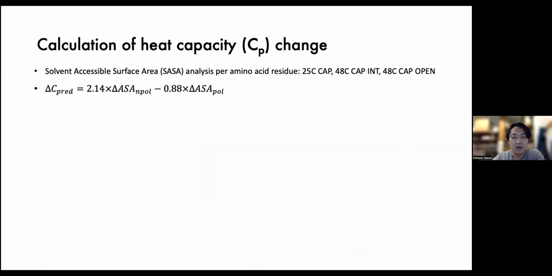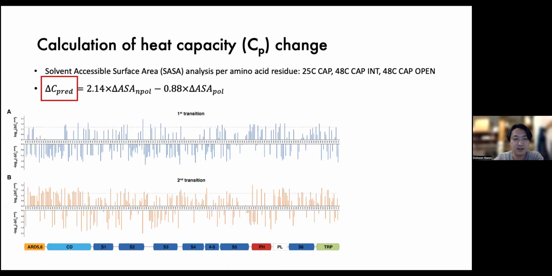First, we calculated the solvent-accessible surface area, the ASA, per amino acid, and we could calculate the predicted delta Cp per residue using this equation for the first transition and second transition. This plot shows the heat capacity change per single amino acid for each transition.